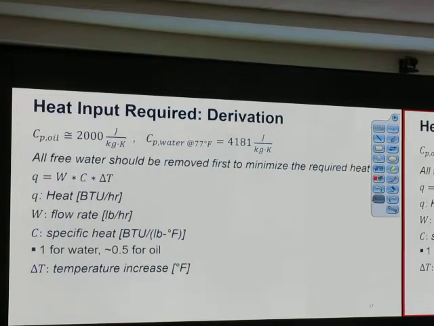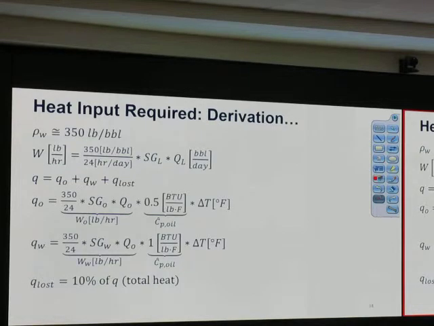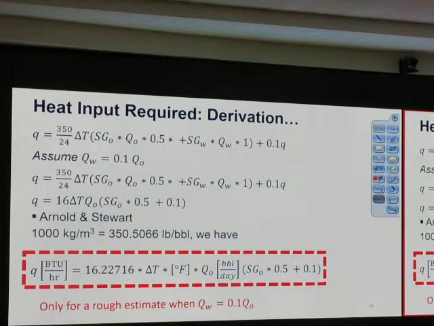Alright, the third equation is just a conceptual thing. The amount of heat we need is the flow rate multiplied by the specific heat capacity and the change in temperature. That's kind of a derivation.